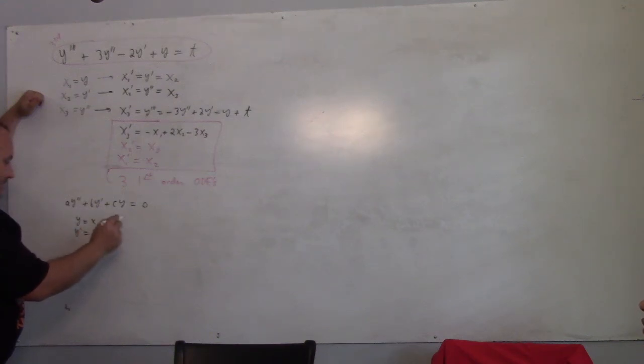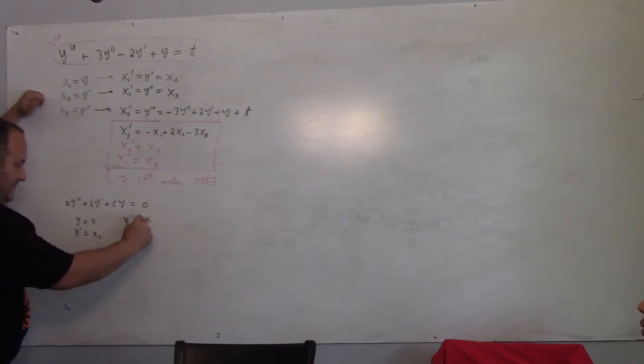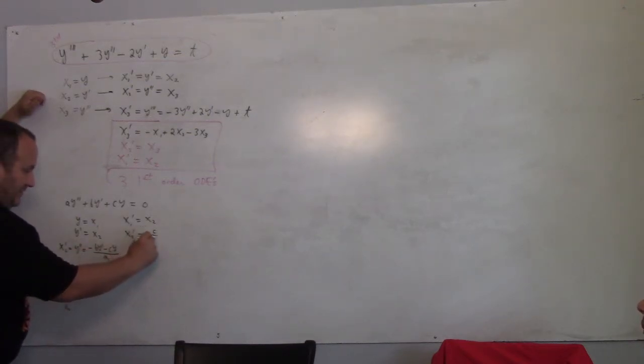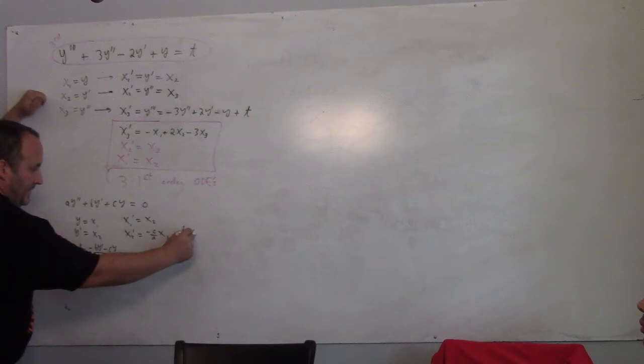Then x1 prime equals x2, and x2 prime is y double prime, which is minus b y prime minus c y, divided by a. So we have minus c over a x1, minus b over a x2.